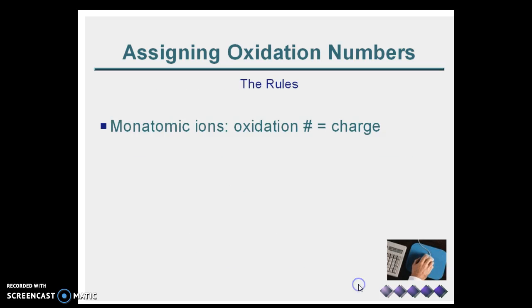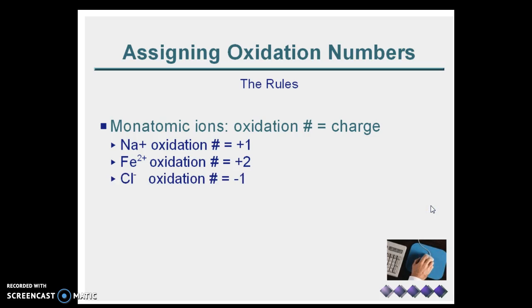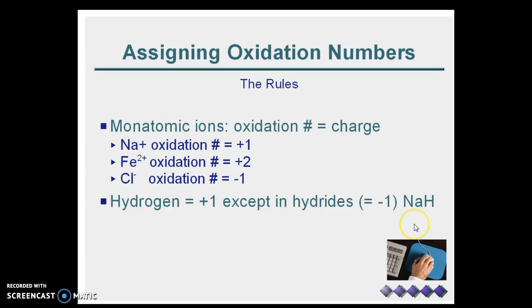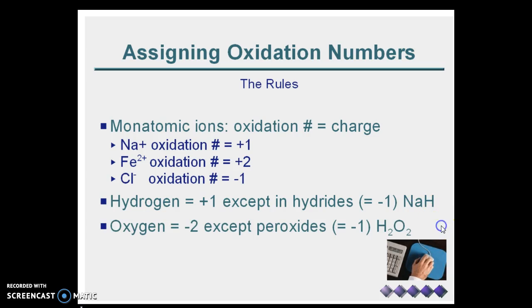Here are the rules. First of all, monatomic ions, the oxidation number is the same as the charge. So for instance, sodium plus, oxidation number is +1. Iron 2+, the oxidation number is +2. Chloride, oxidation number is -1. Hydrogen is considered +1 except in the rare occasion when they're with a metal as a hydride.